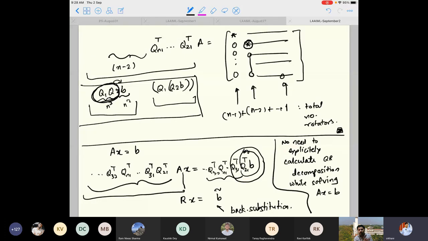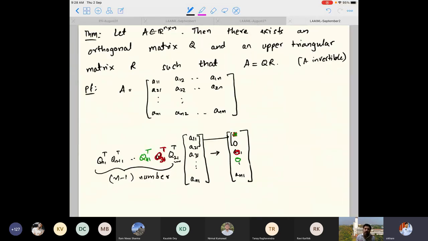The same idea. If the columns of A are not linearly independent, then you run out of vectors in the span. Then you complete the basis, and correspondingly those Q will be found. So there is just a small addition you can do, but we don't want to get into that right now. So let us say A is invertible.